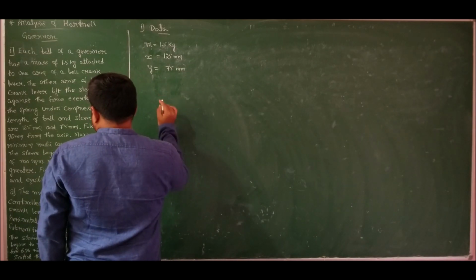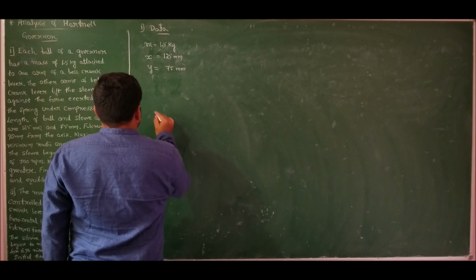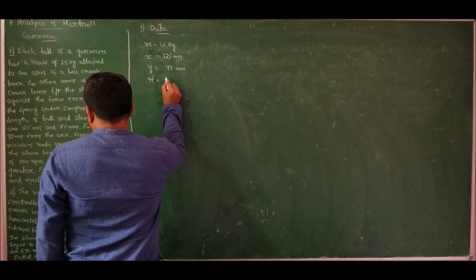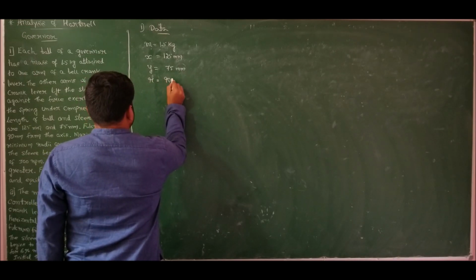Fulcrum is at a distance of 90 mm from the axis, so the mean radius is also specified, that is 90 millimeters.